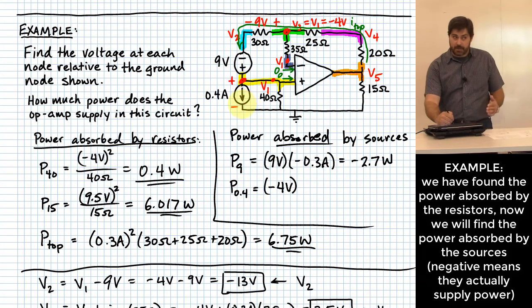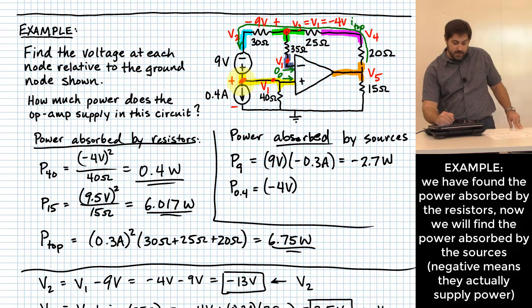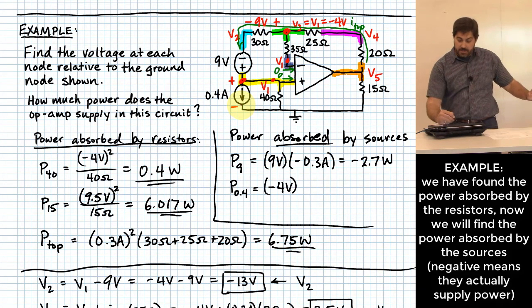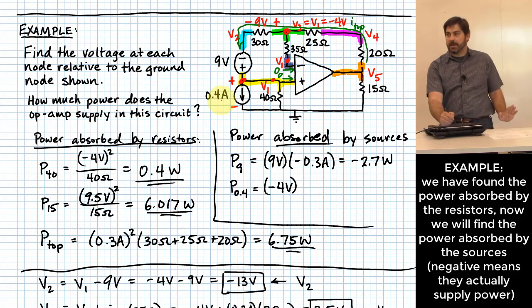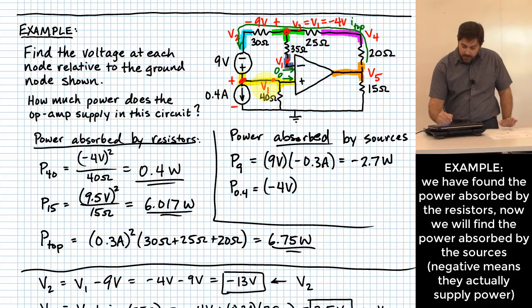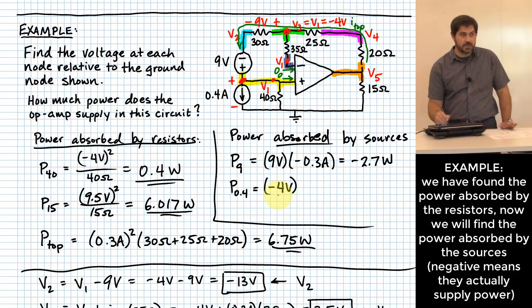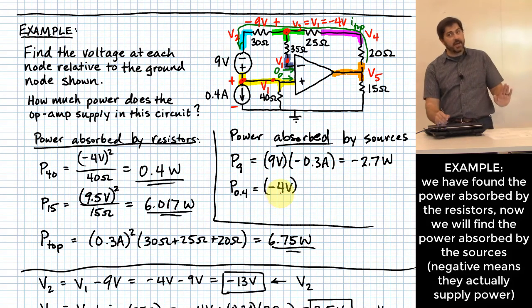It is absorbing, right? Because you have a positive on the side that current is entering. That's the presumption, assuming V1 and I are both positive, it would be absorbing power, right? But the value of V1 is negative, so it's going to take care of the fact that it's not actually absorbing power, it's supplying power.